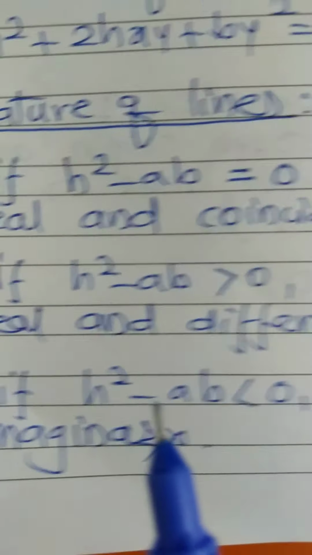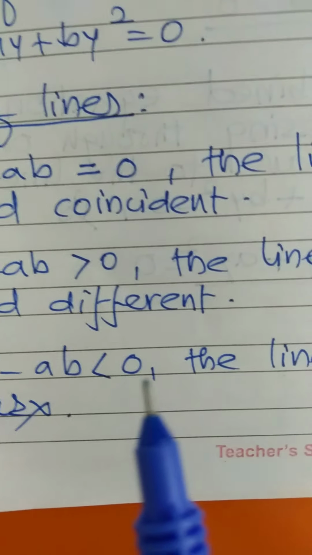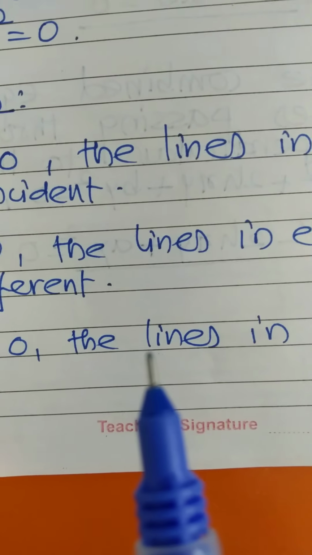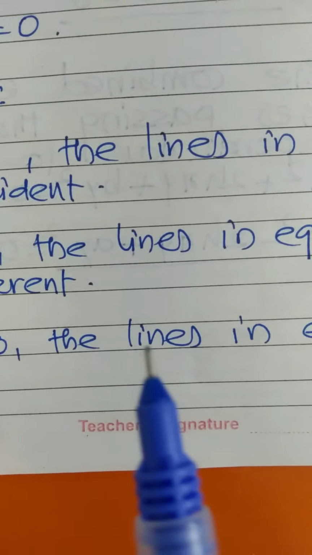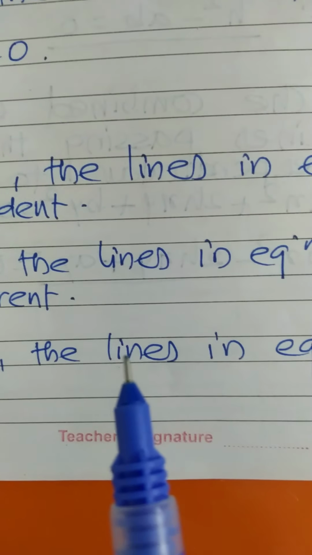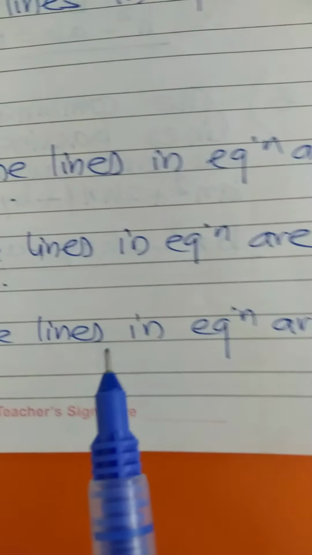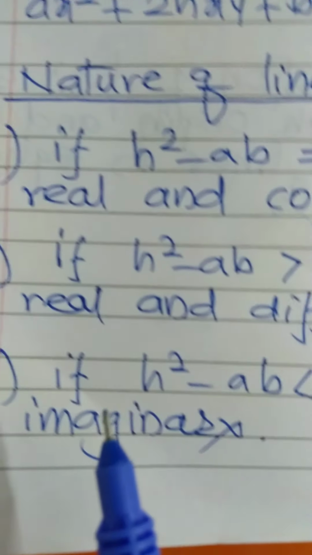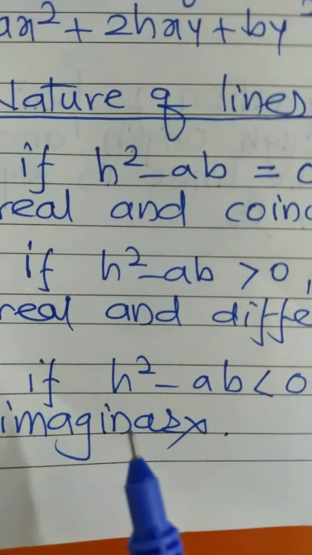Next, if h square minus ab is less than 0, that means a negative number, then the square root of a negative number is a complex number, so the lines in the equation are definitely imaginary.